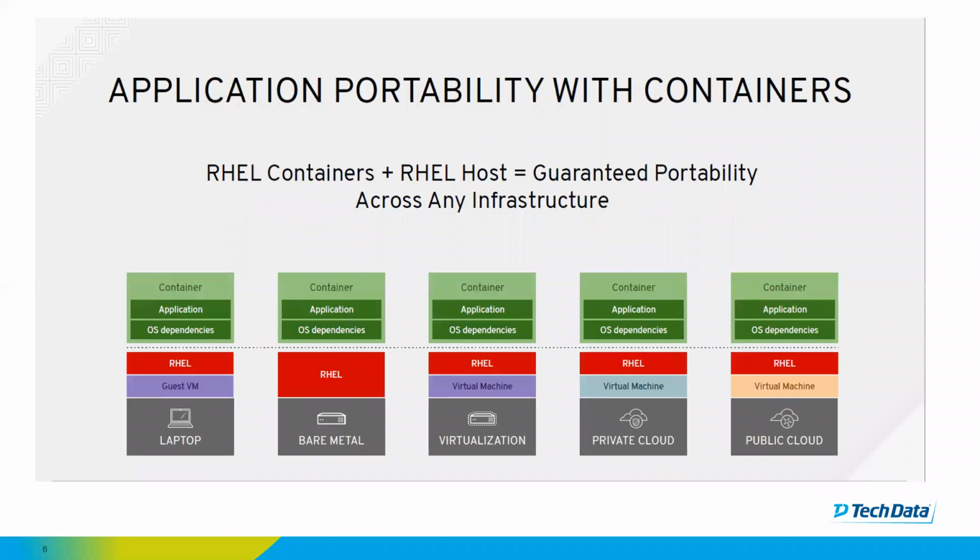So with containers, though, you have the portability across any infrastructure with significantly less underlying resources. So does it get rid of virtual machines? Absolutely not. In the diagram there, you can see virtual machines running on the hardware. And now this gives different examples of that hardware. That could be virtualization, could be cloud, all the way out to that endpoint laptop that's being leveraged. So no, it doesn't get rid of virtual machines.